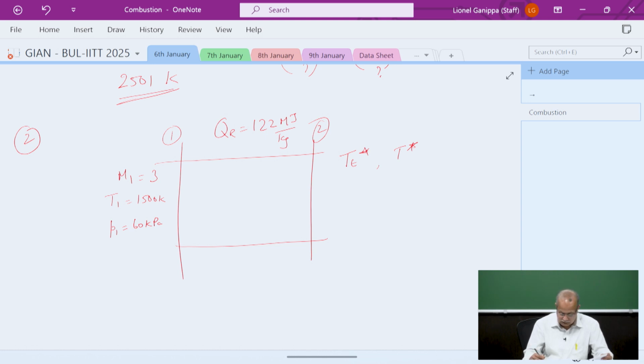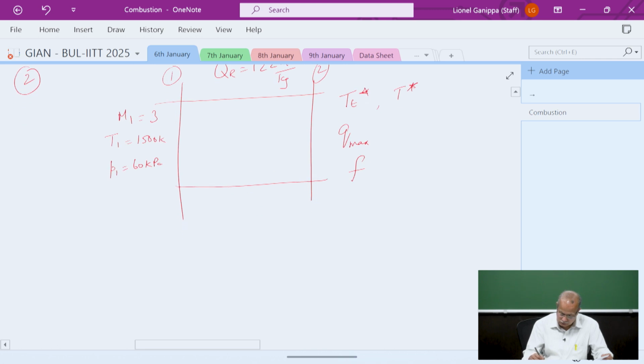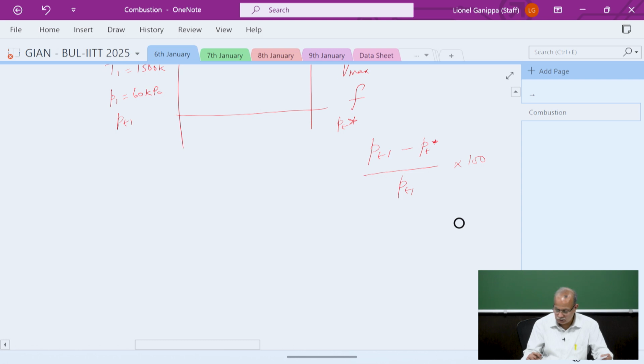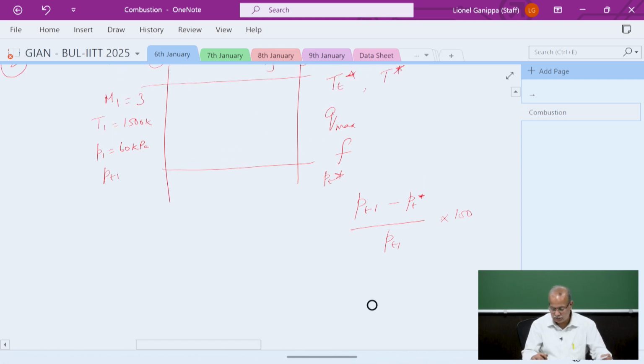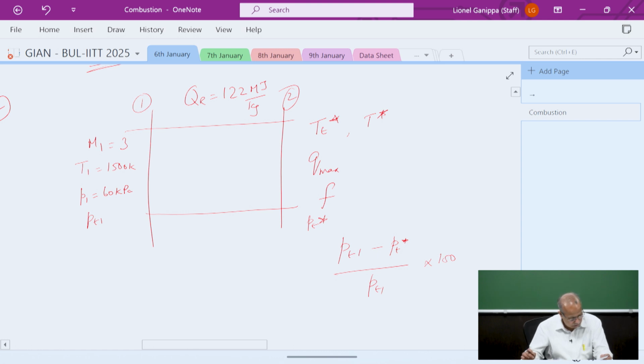And the maximum heat flux, Qmax, the fuel air ratio that is required to thermally choke the combustor exit, and the total pressure change across the combustor. So total pressure here is PT1, here it is PT star. So what is PT1 minus PT star by PT1 if you want to express it in percentage? These are the parameters we are asked to calculate.